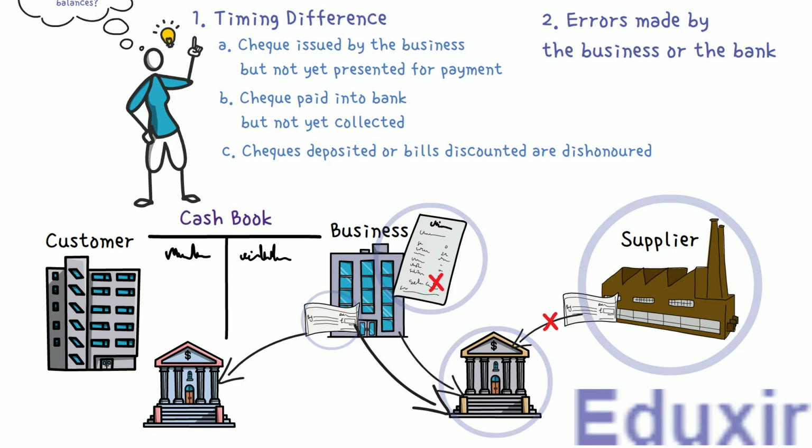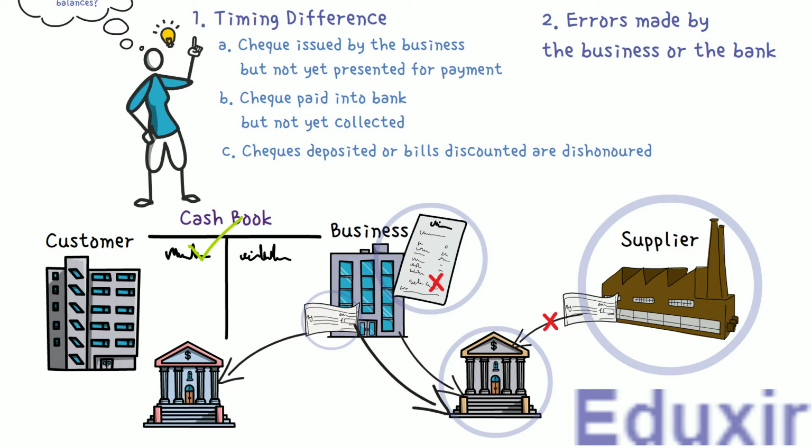So, there will be no entry in the cash book for the dishonoured check. In other words, as per the cash book, the check is successfully encashed, and as per the passbook, the check is dishonoured. This is applicable for the dishonour of the bills discounted also. The firm will know about this only after the bank statement is received. As a result, the balance as per the passbook and the balance as per the cash book will be different. This is one more reason.